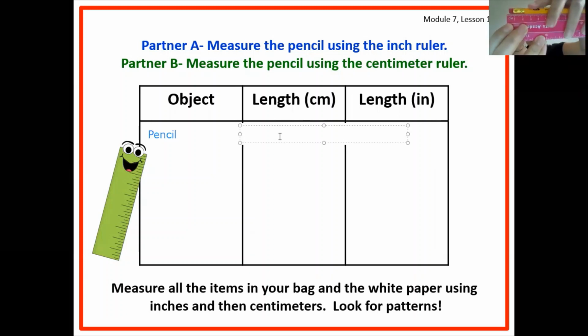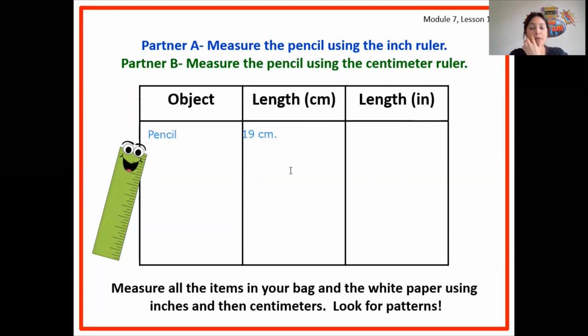So you put your pencil on the centimeter side and you measure. So my pencil is about 19 centimeters. Now remember, if you don't have a pencil, you can use anything around your house, but this is what I want you to do. I want you to make a chart and measure the objects, okay?